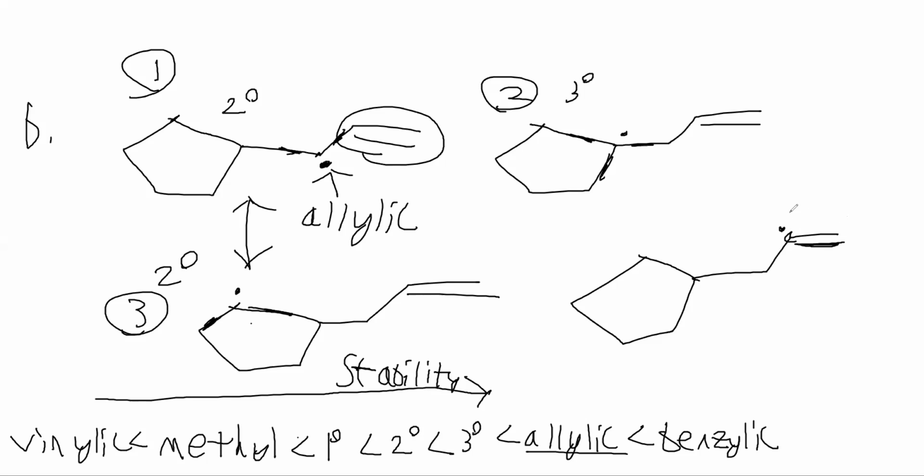So a vinylic radical or a vinylic carbocation is generally very unstable and doesn't form. So this would be the least stable if this was part of the question. If you didn't cover that in class, don't worry about it, I just figured I'd cover it as an FYI, because it might come up next semester, if anything.